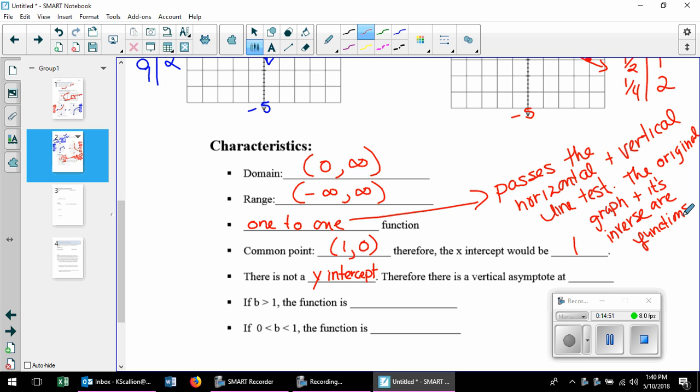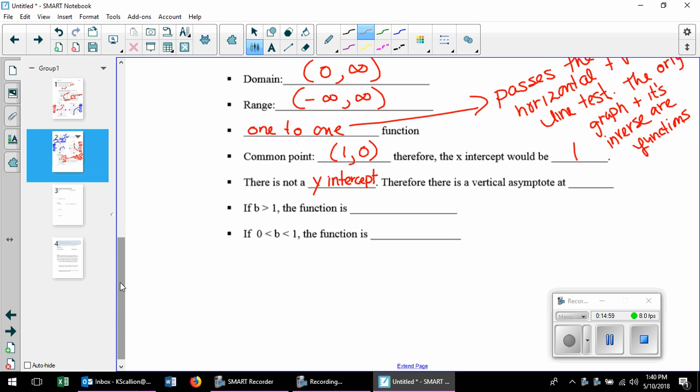Good job. Awesome. Okay, so if we have no y-intercept, what do we know about the vertical asymptote? X equals 0.